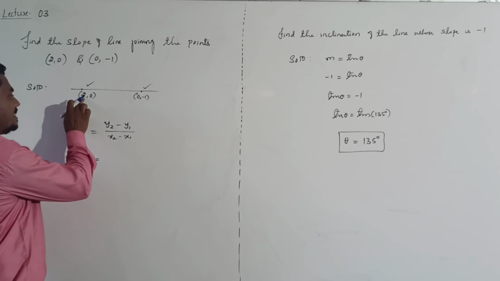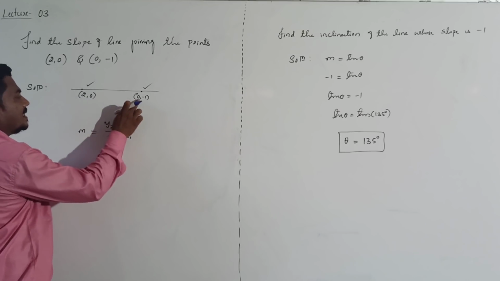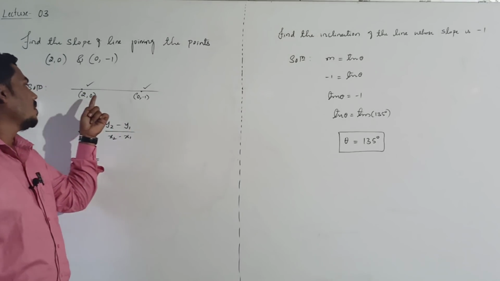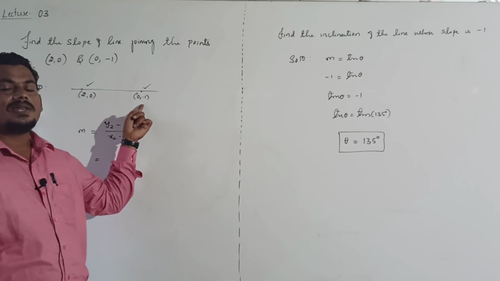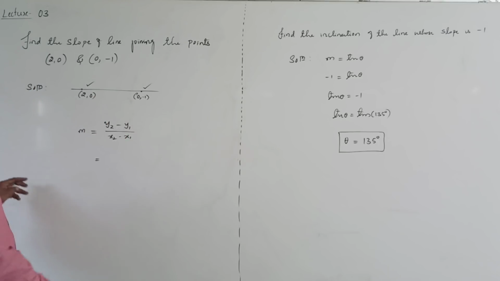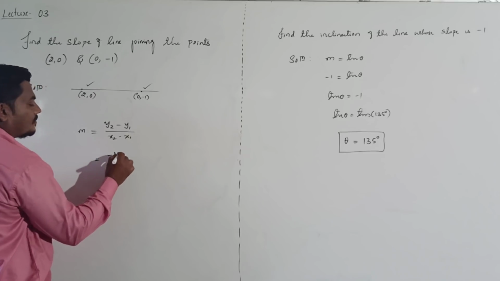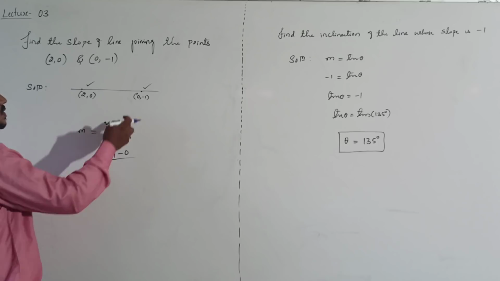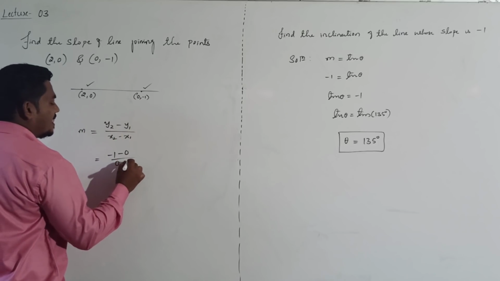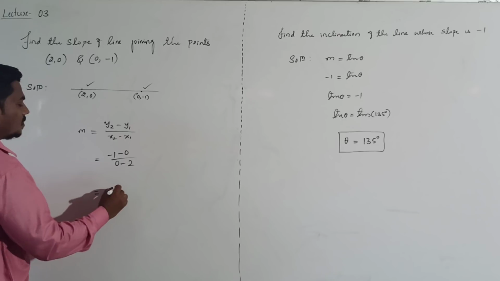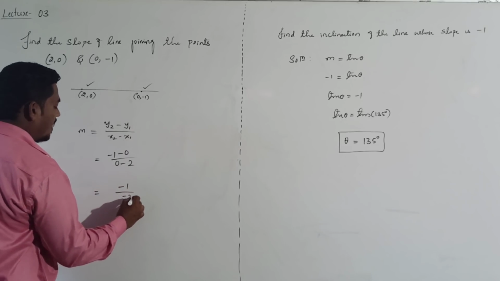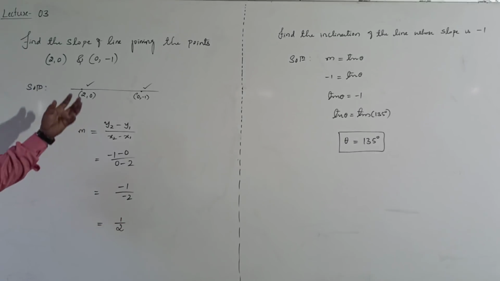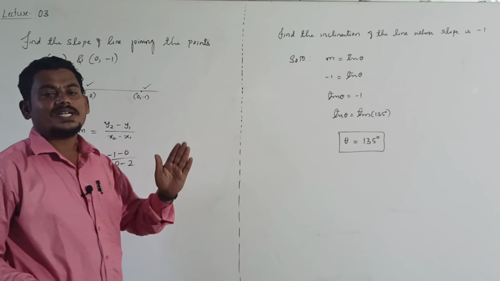Here x1 value 2, x2 value 0, y1 value 0, y2 value -1. So y2, -1, minus y1, 0, divided by x2, that is 0, minus 2, that's equal to -1 divided by -2, that's equal to 1 divided by 2. Slope of a line passing through these 2 points is 1 by 2.